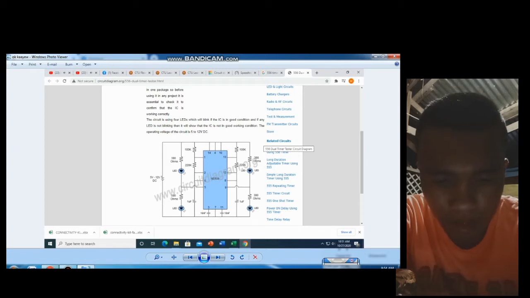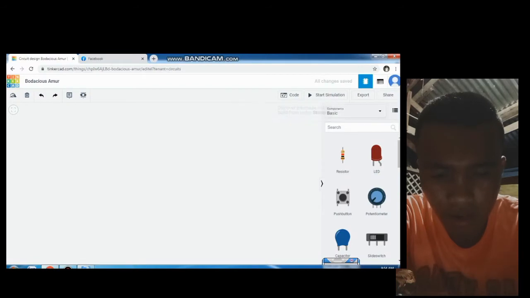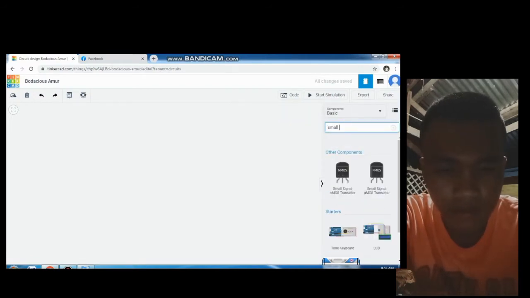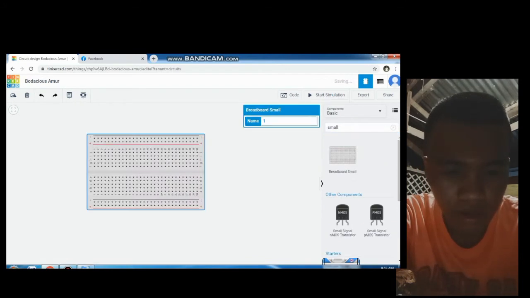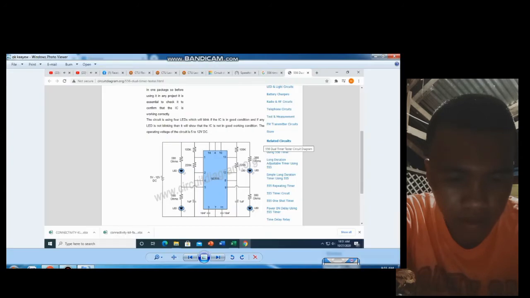We have 8 resistors, 2 polarized capacitors, 2 capacitors, and the LED. Okay, we deploy the breadboard, small breadboard. Next are the components.